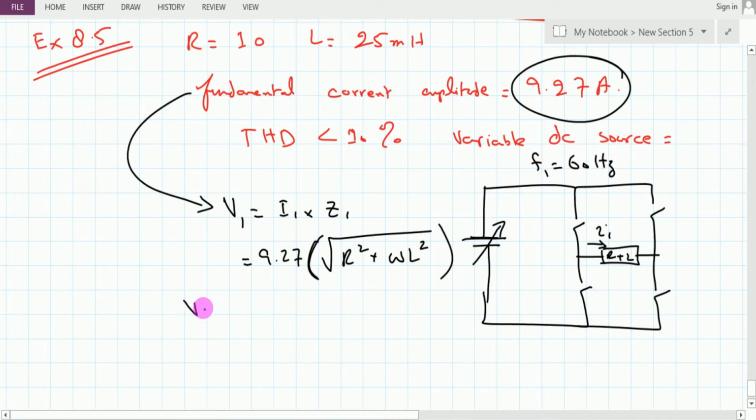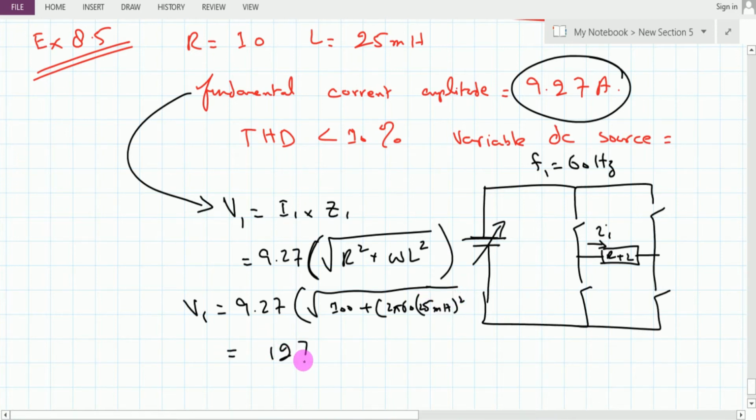So this V1 comes out to be equal to 9.27 into square root of 10 square plus 2 pi 60 into 25 millihenry square, and that gives me 127 volt.